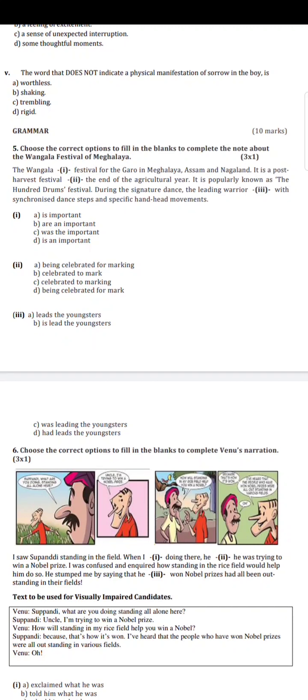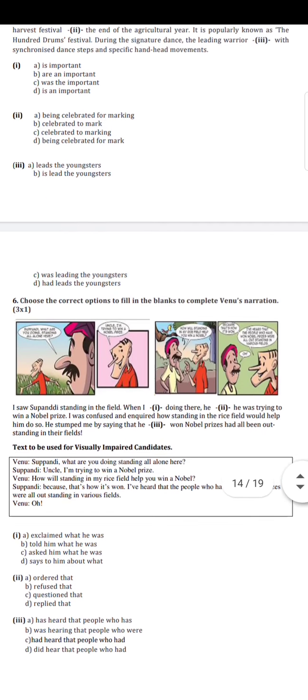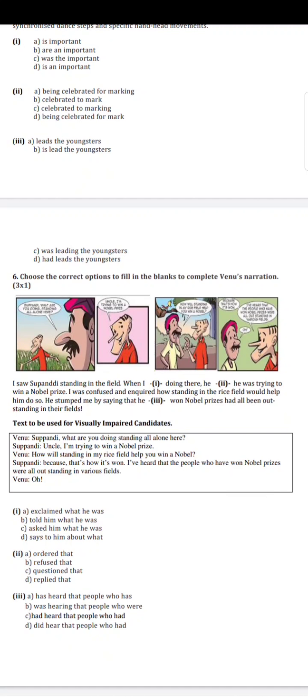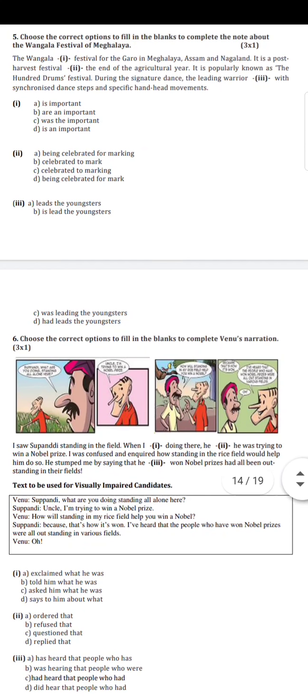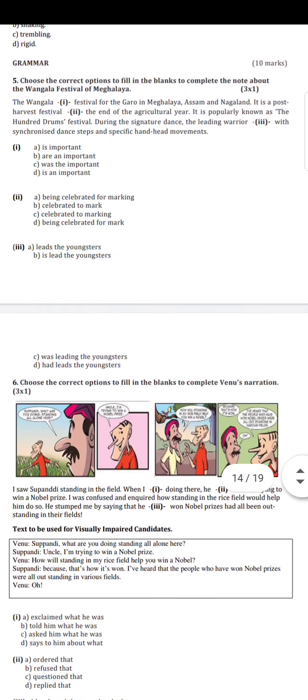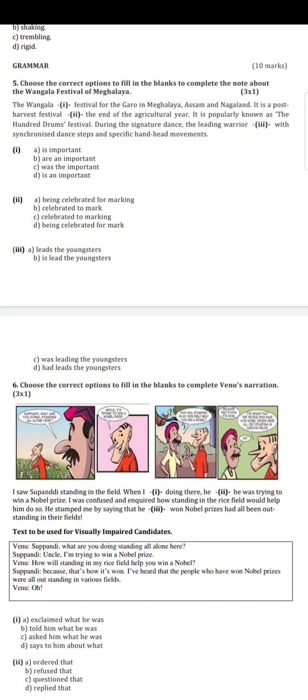Another objective type section you will have is from your grammar section. Here you can even get a picture as a hint. You can see here in question 6: choose the correct options to fill in the blanks to complete Venue's narration.